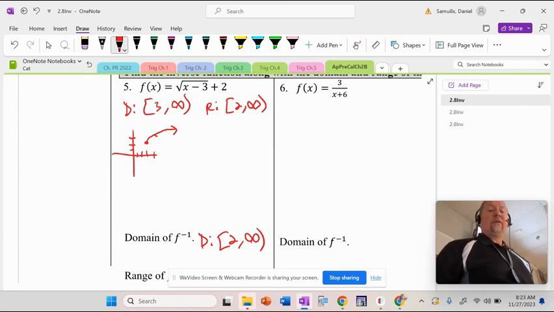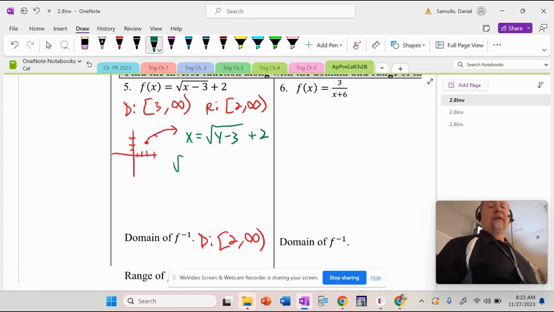What that does is it restricts. I'm going to leave that picture there because actually this is pretty quick on the inverse situation. X equals, now I'm doing the inverse, y minus 3 plus 2. Subtract 2. I do like the y's over on this side, so I'm going to also flip-flop. Subtract 2. Square. Now, what do I have?